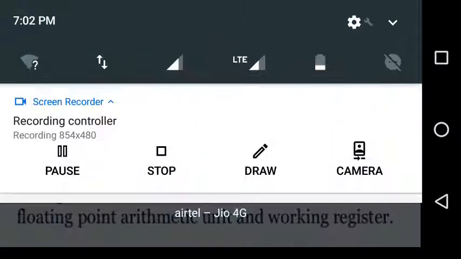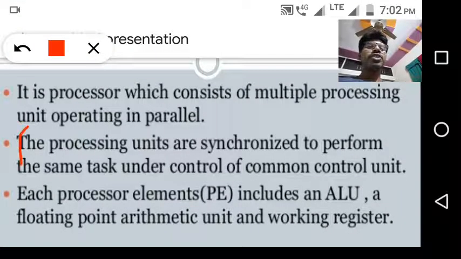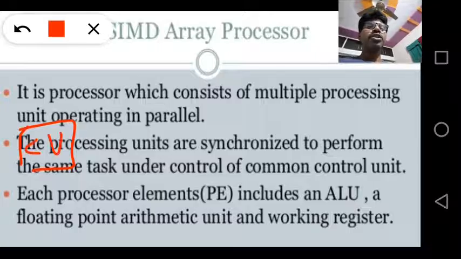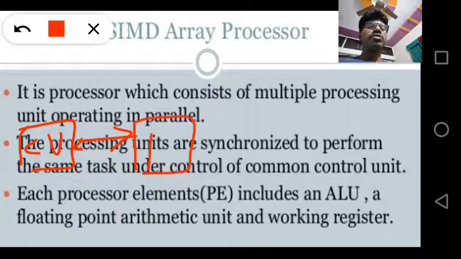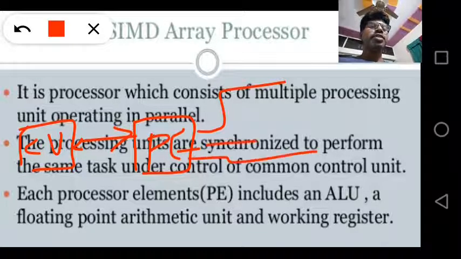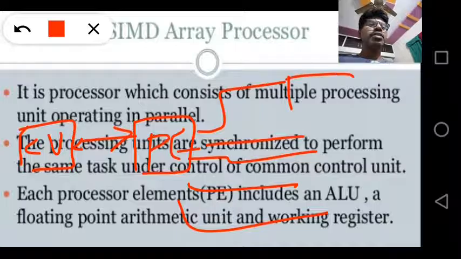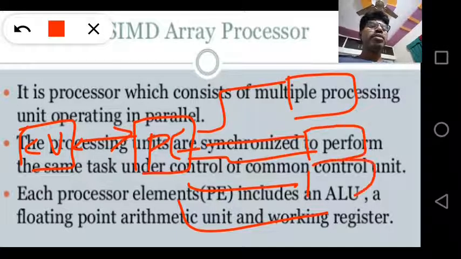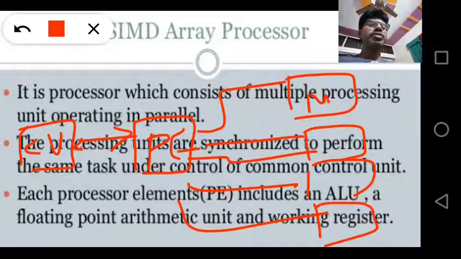Remember, when we discussed Flynn's classification of architecture, here we have one control unit which sends instructions to processing elements, and the processing element contains multiple data elements.